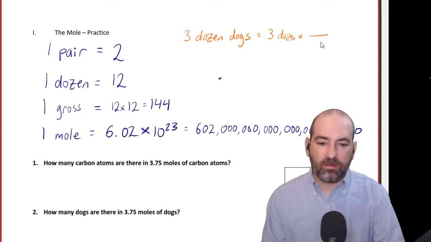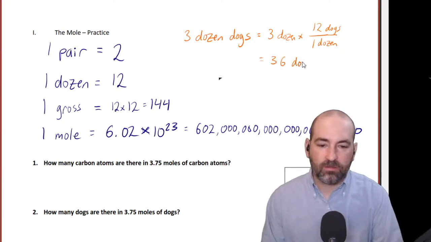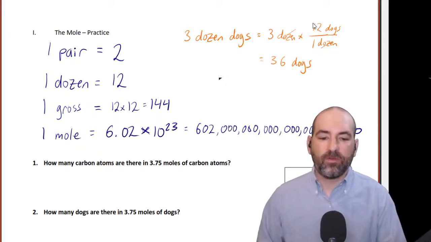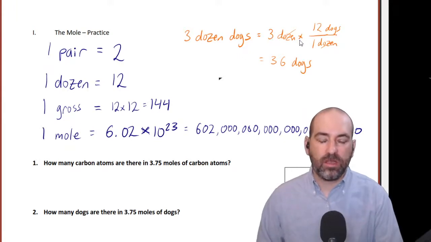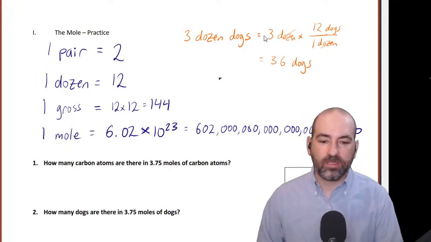And then we need to think about how many there are per dozen. So there's 12 dogs per dozen. And so that would be 36 dogs. We cancel that now. So the conversion factor is like the definition of the number. 3 dozen dogs is 3 dozen times 12 dogs per dozen, or 36 dogs.